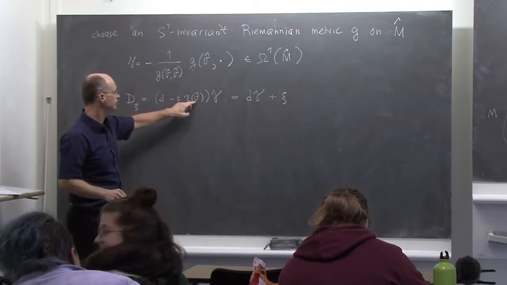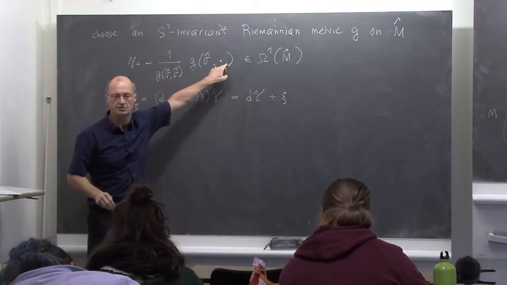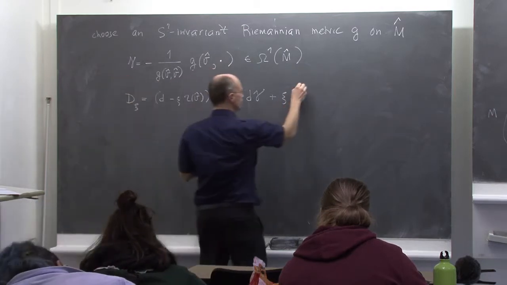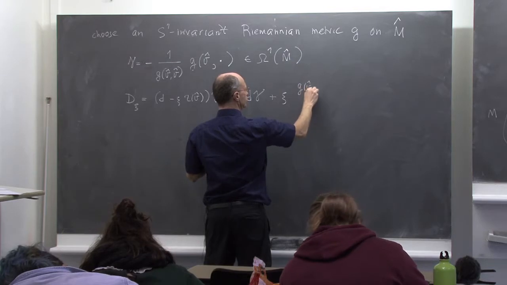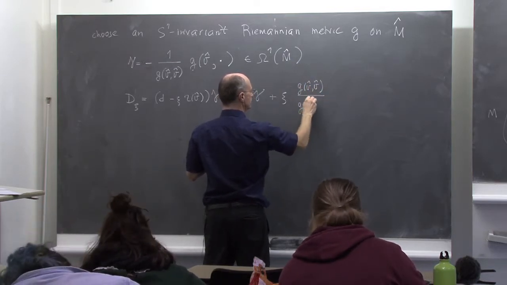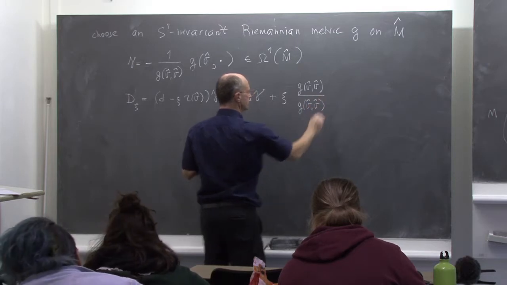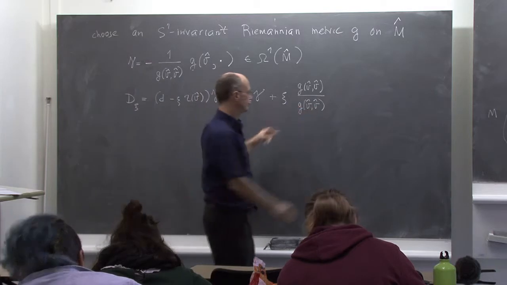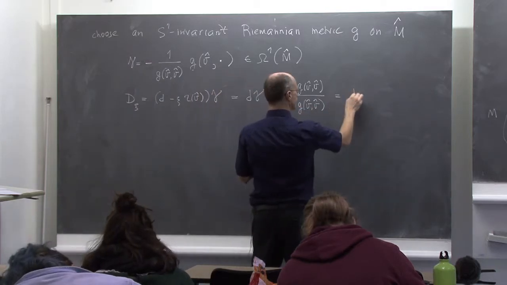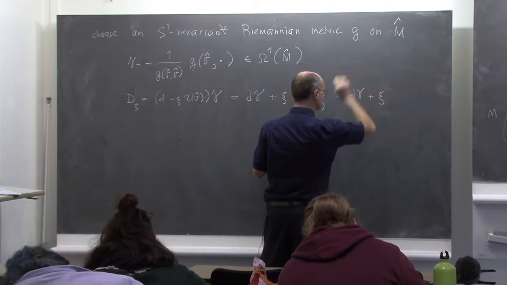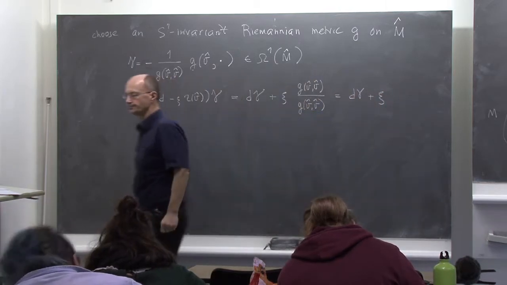And now I need to substitute v hat into this form. Right, so what I get is g(v hat, ·) divided by g(v hat, v hat), and this is equal to 1, right? So I'm getting dγ plus ψ.